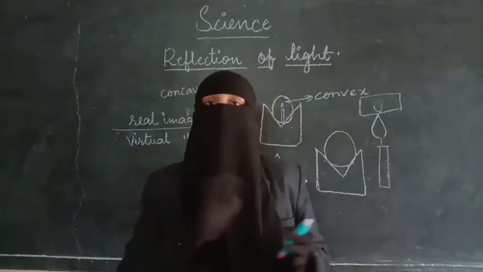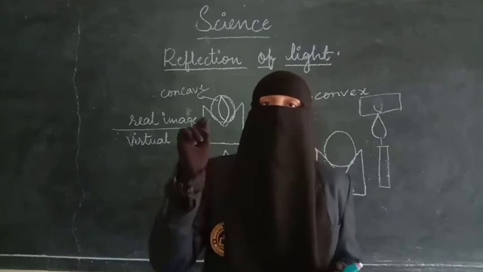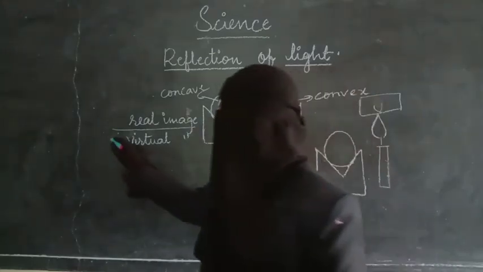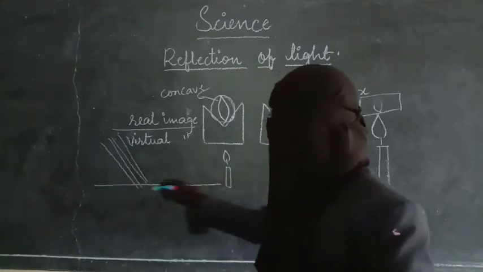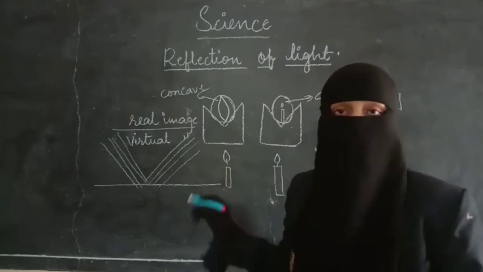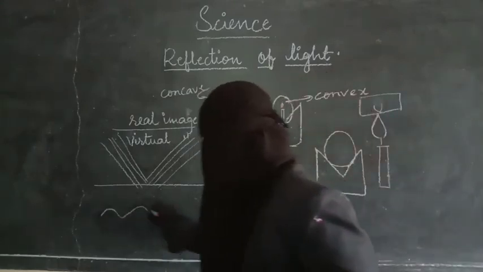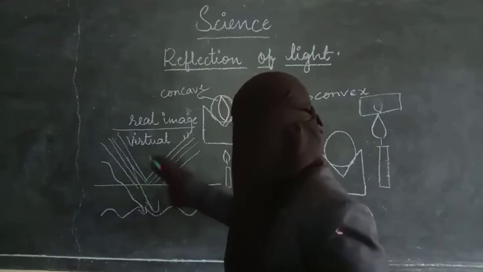If the surface of the mirror is smooth, then the light rays will be falling on it smoothly. As the surface is smooth, they are reflecting back smoothly. So the image formed will be very clear. But if the reflecting surface is not good, then the light will be falling here, right?